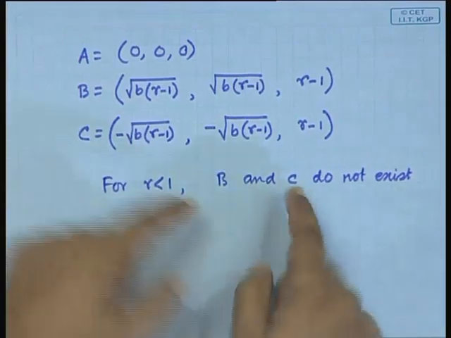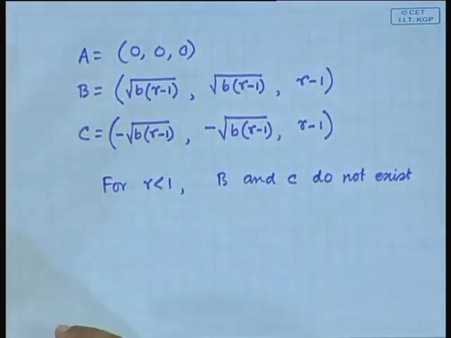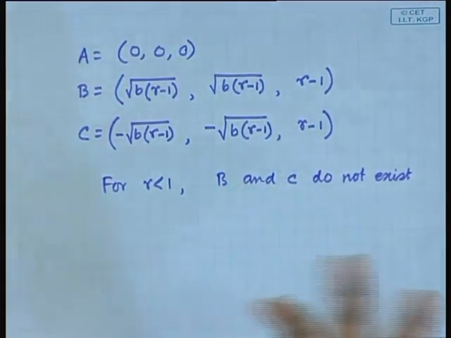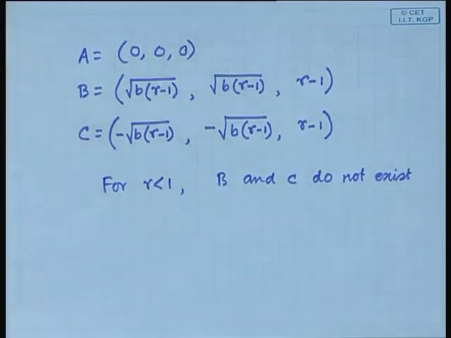So, what happens is that there is one equilibrium point and all the initial conditions will converge onto that. Fine. But as you move the parameter r through 1, as it becomes greater than 1, these two equilibrium points start to exist. Before that they were not there. So, notice another typical feature of a nonlinear system, that as you change a parameter, new equilibrium points may start to exist which were not existing earlier.